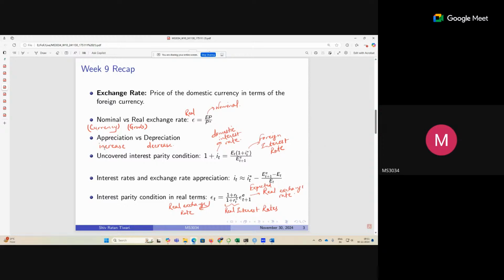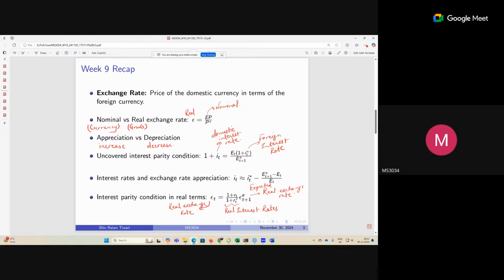We call this the uncovered interest parity condition, and we derived it through the no arbitrage condition. If I hold an asset in the domestic economy and the same asset in the foreign economy, there should not be an arbitrage opportunity. Through that, we derive this condition.